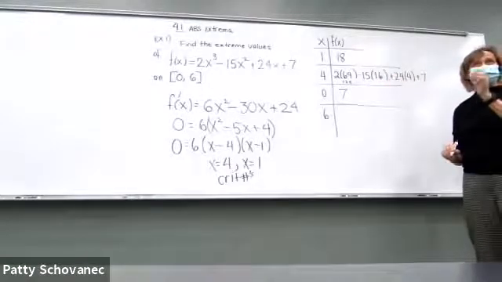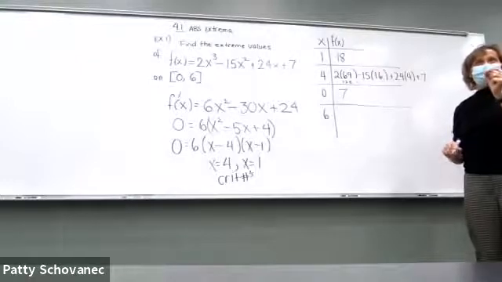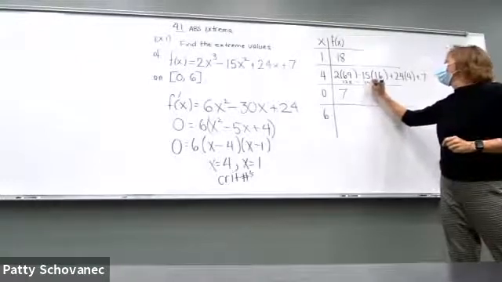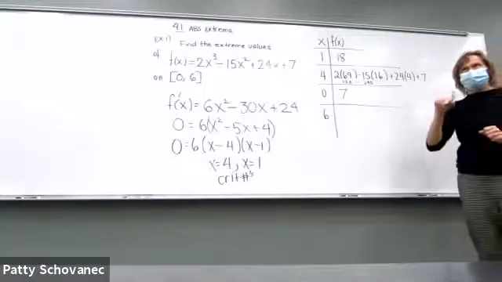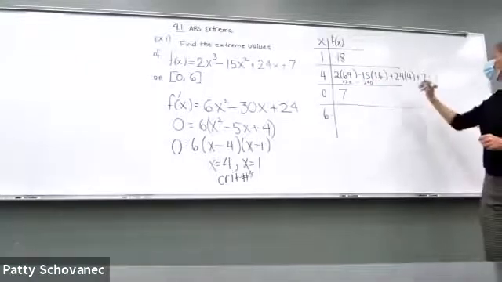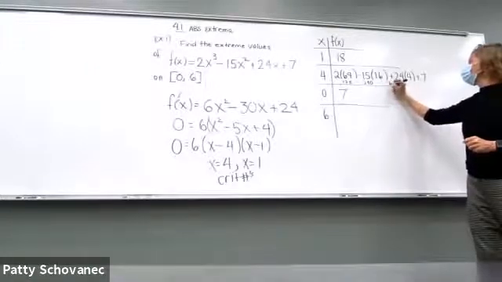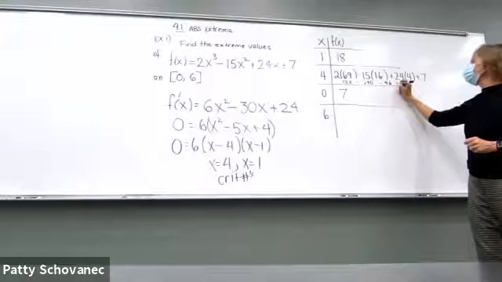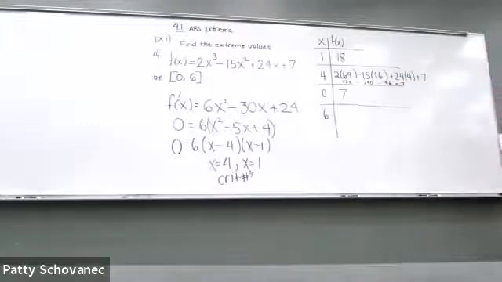Take 225 and add another 15, gives me 240. Yep. 4 times 24. 4 times 4 is 16, 8, that's 96. Plus 7. Okay, 128 plus 7 is 135. 240 plus 96 is 336.